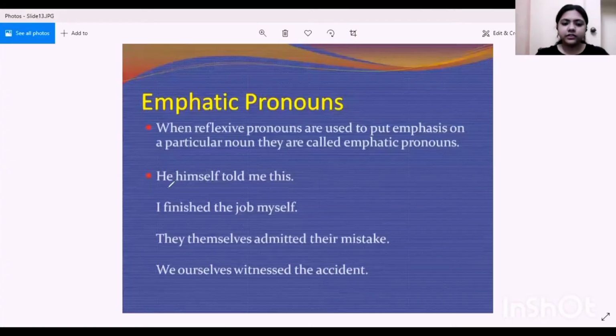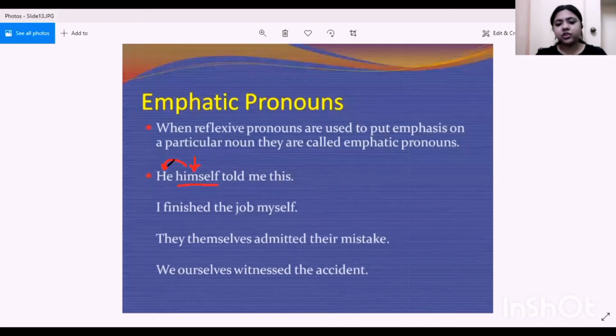Yes. So look at this first example. He himself told me this, right? So he told me this. If you remove this word himself, then also the sentence is complete. He told me this. But now, when we add this pronoun himself, that means it is laying stress, it is laying emphasis on the fact that he told me this all by himself. So he himself told me this.